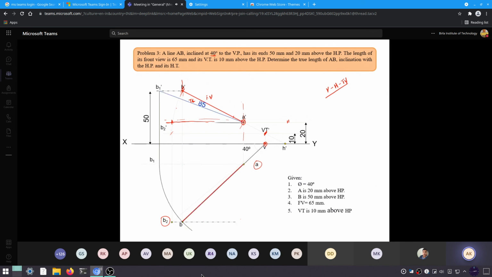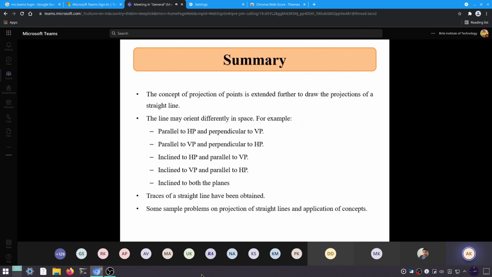Now let's get back to the summary. Okay. The concept of projection of points is extended further to draw the projection of straight line. Okay. So these are different cases.